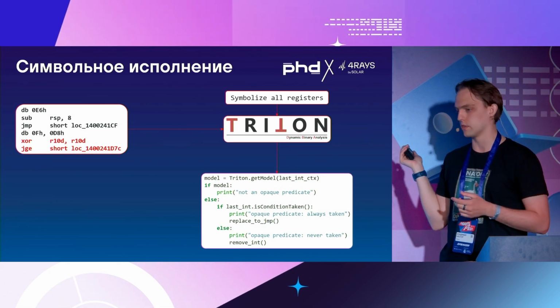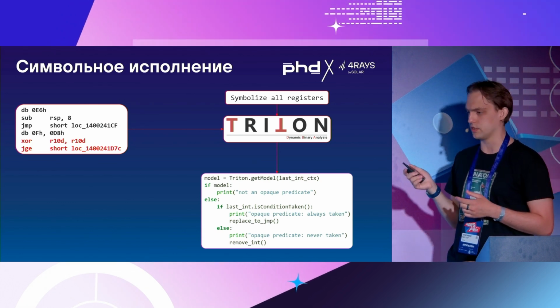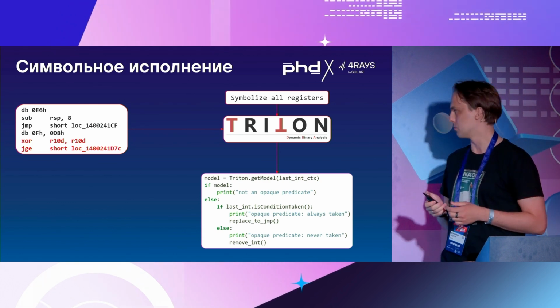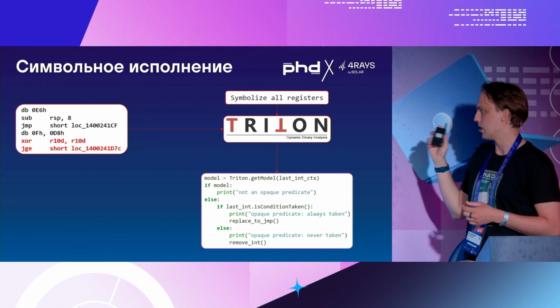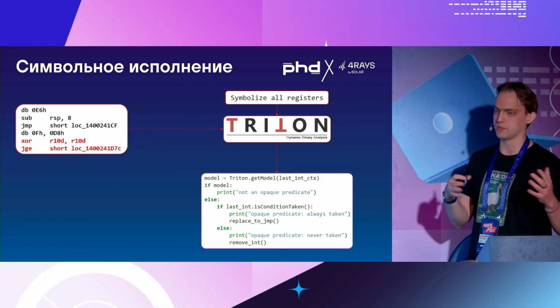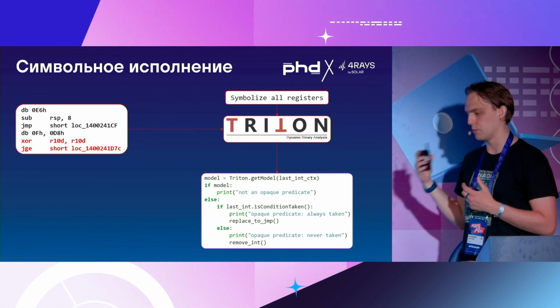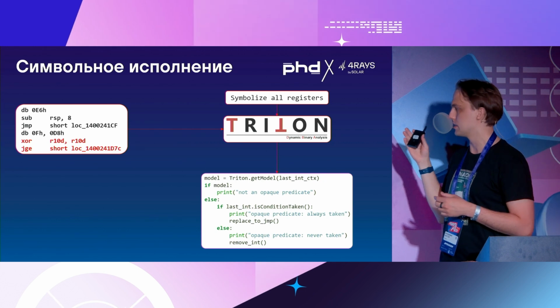It would be enough to perform two functions, and I opted for Triton because it's written in C and works much faster. And I symbolize all the registers, so by default all the symbolic engines are working with symbols, not with variables, so to say.